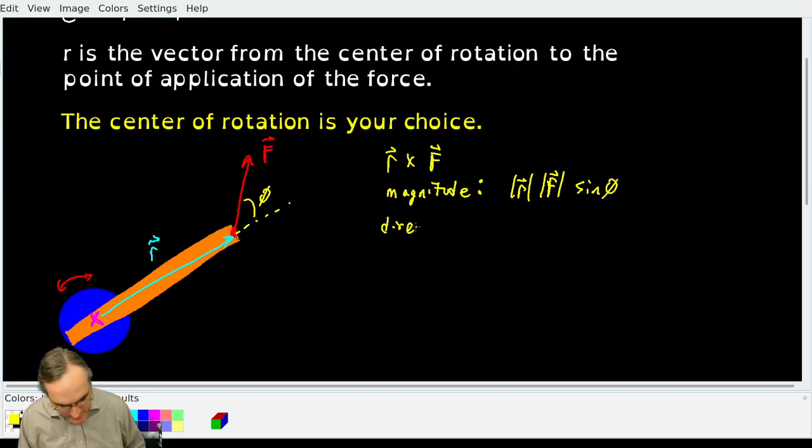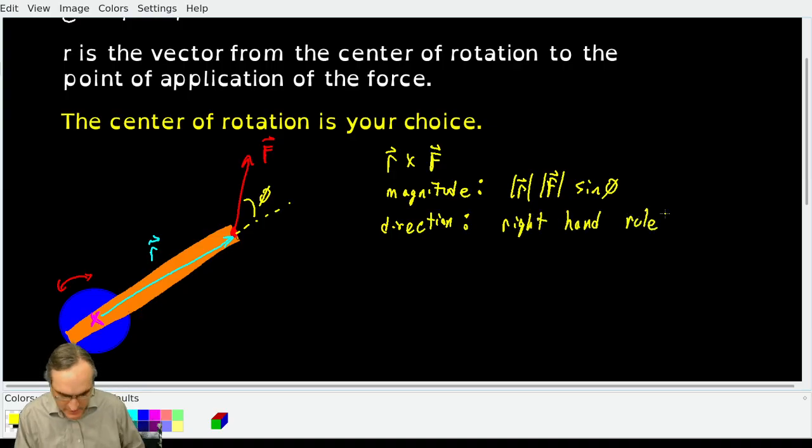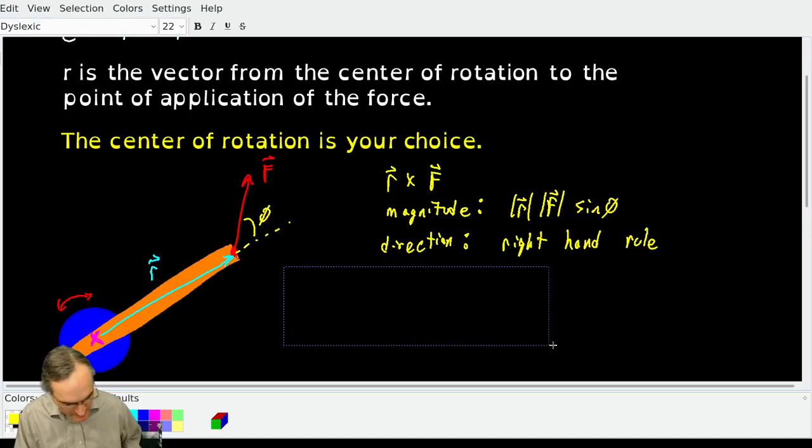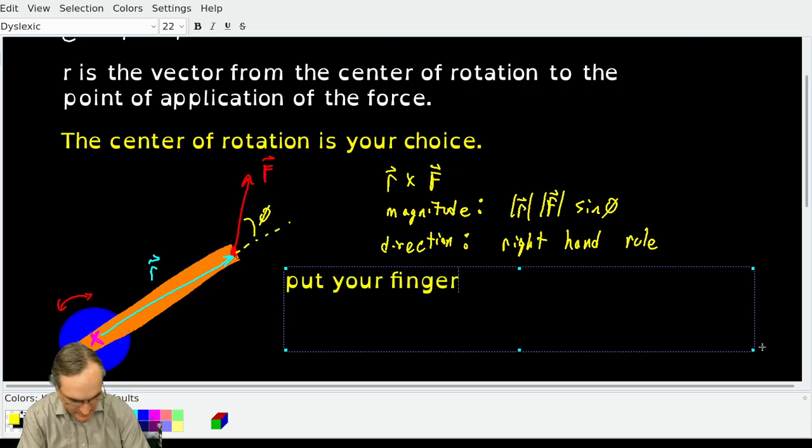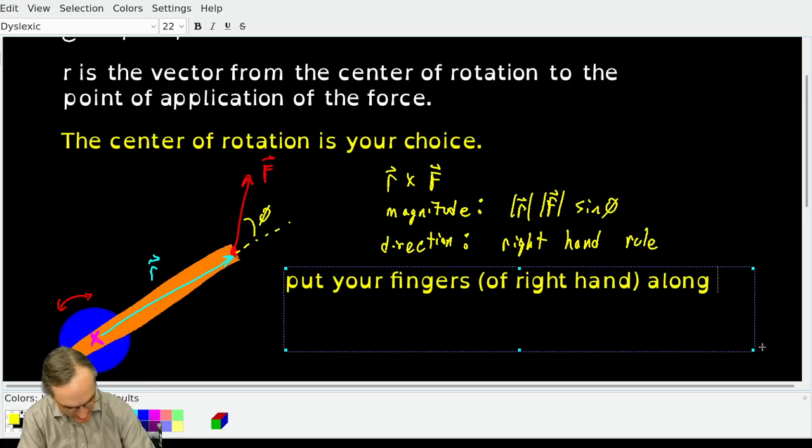What gives you the direction? You can get the direction from the right-hand rule, and I'll have to write this out. Put your fingers of your right hand along the r vector.